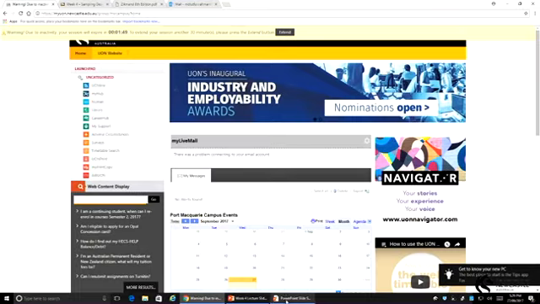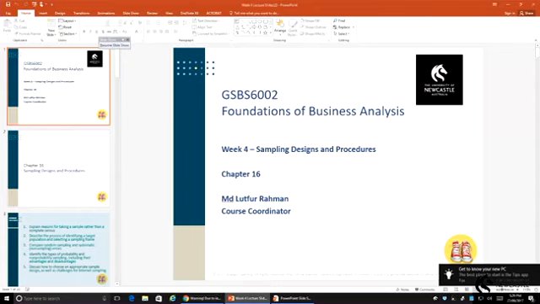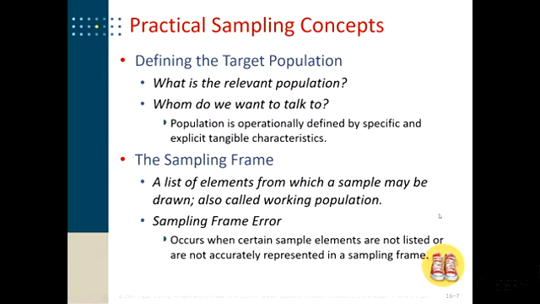Okay, so this is sampling frame error. As we go for a sampling frame, we exclude some of our sampling elements. Even if you go for car registration or a telephone directory, we exclude some of our potential sampling elements.